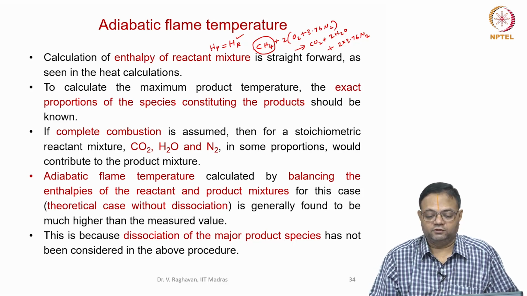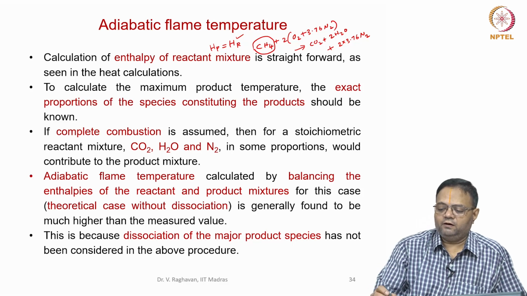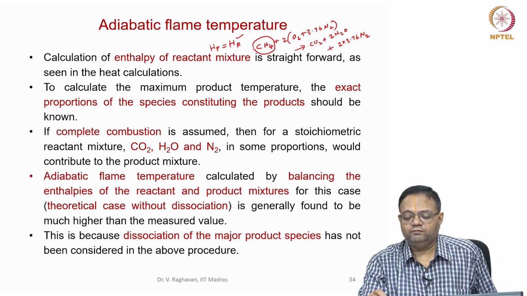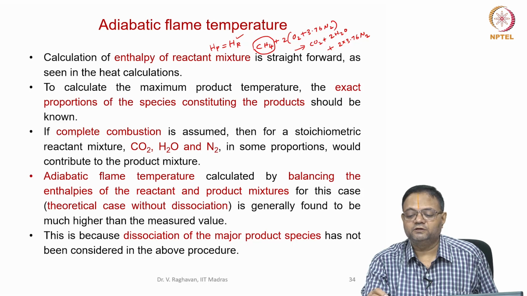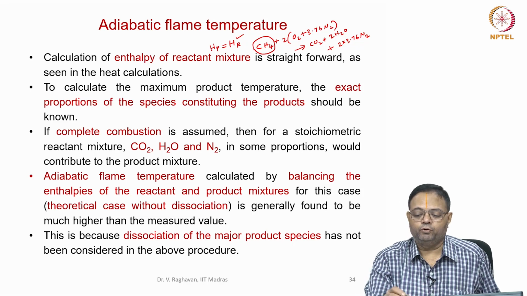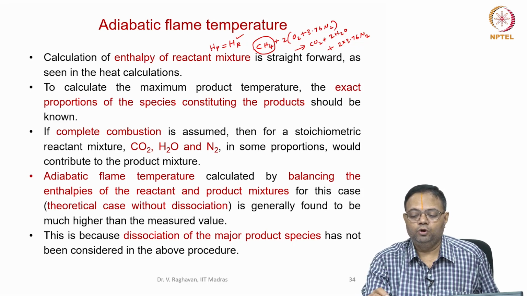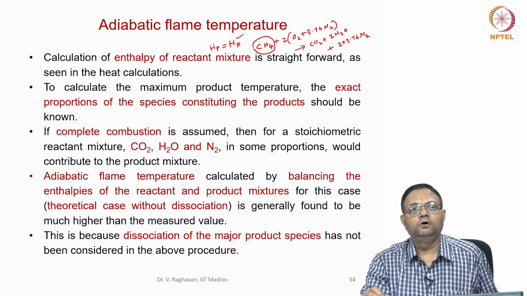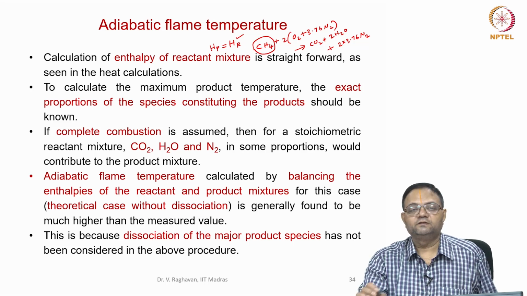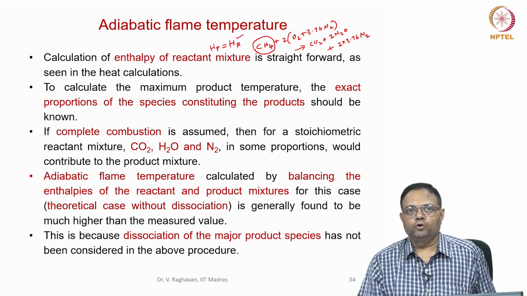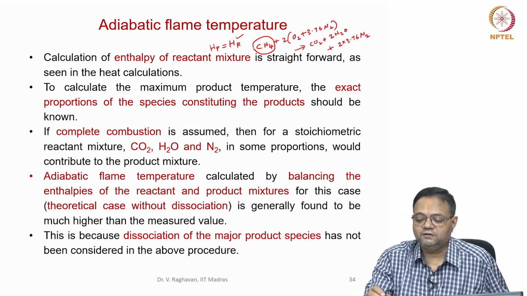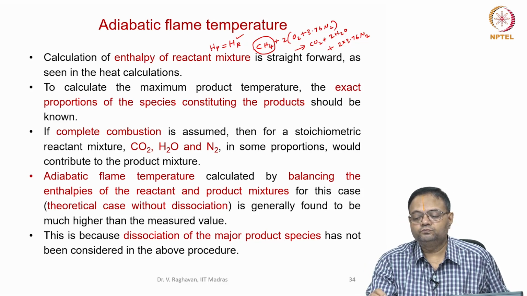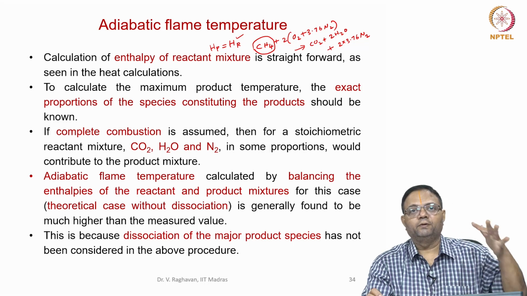Now, take the products. Here it is straightforward because I am assuming complete combustion has taken place. Methane produces 1 kilomole of CO2, 2 kilomoles of H2O, and nitrogen is inert. So, no issue. And please understand that this composition is at the maximum temperature Tp.